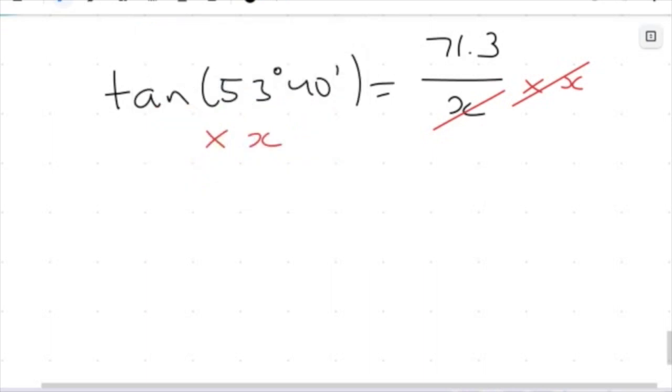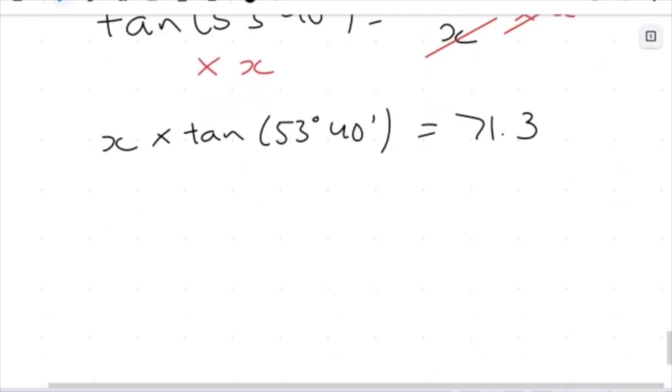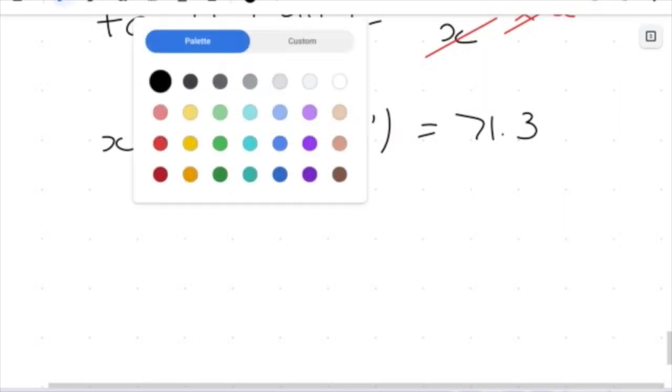And this leaves us with x times tan of 53 degrees 40 minutes equals to 71.3. And now I can quite simply isolate x by just dividing both sides by this guy here. So that's going to leave us with x on its own on the left-hand side.